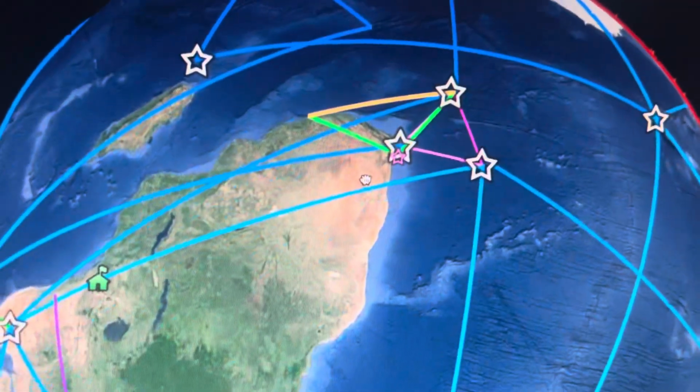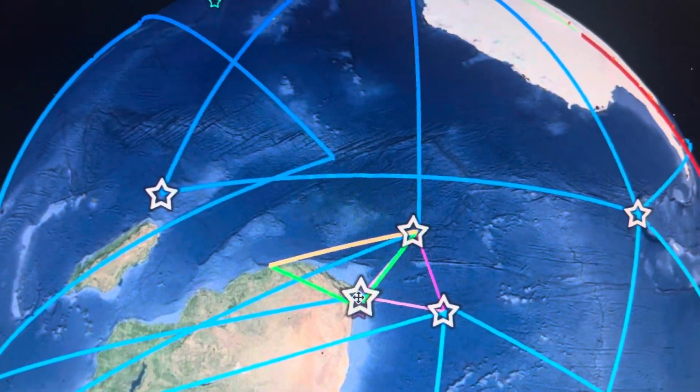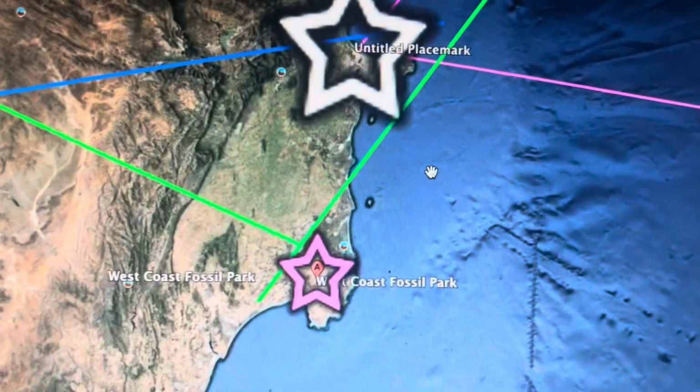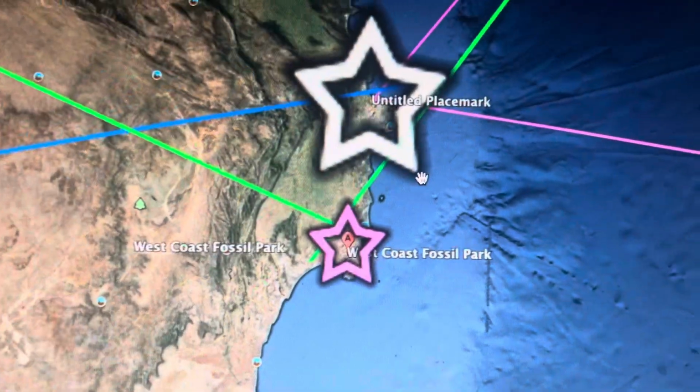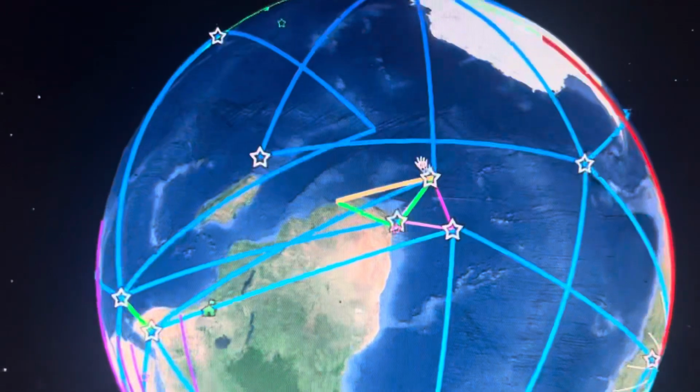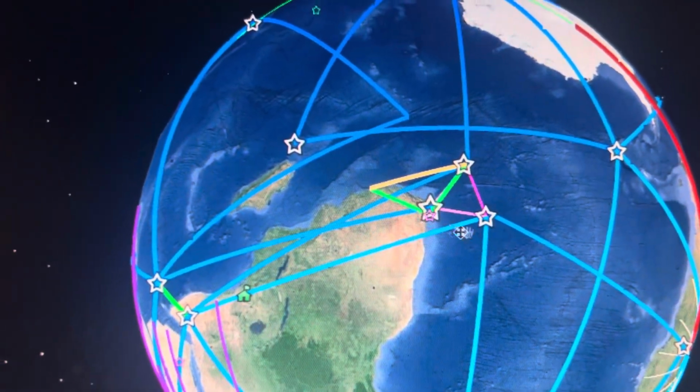Here I've used it at the south end of Africa from a particular location at the West Coast Fossil Park, and various points of intersection relative to this equilateral triangle.